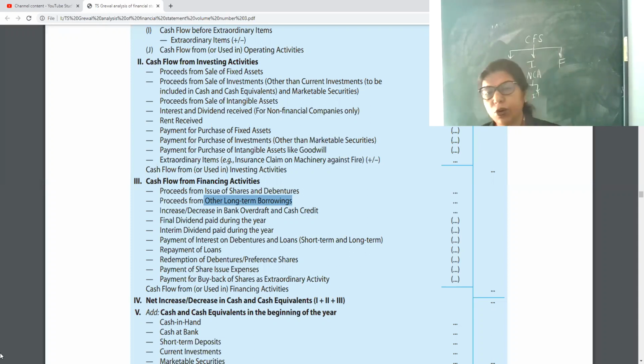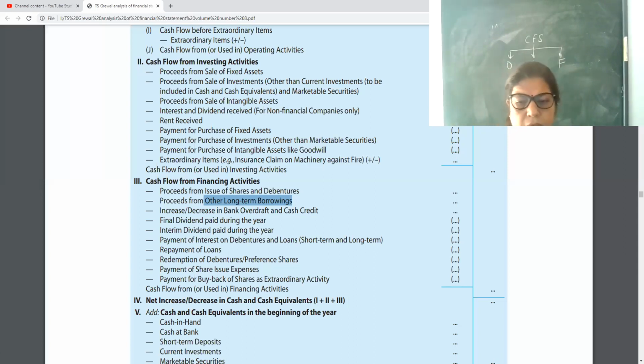Then buyback of own shares. This is also a term we explained in the share capital chapter, that a company can buy back their own already issued shares. So the company is taking back their shares and then making the payment.